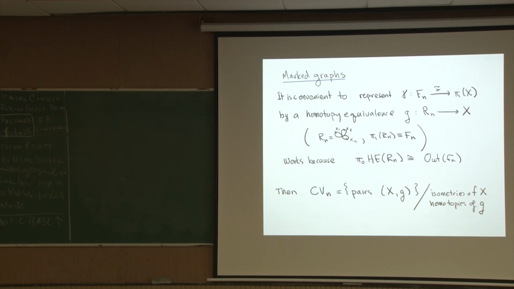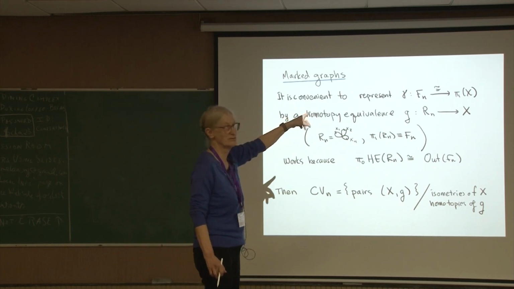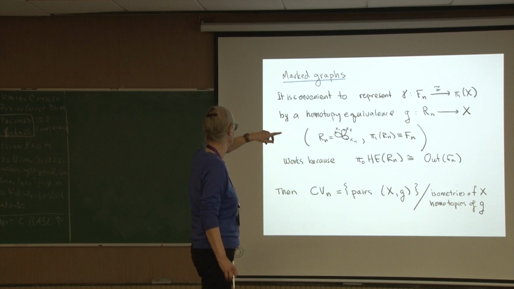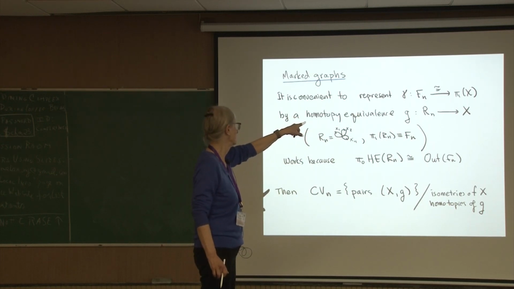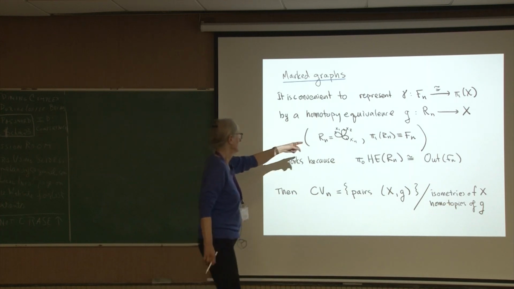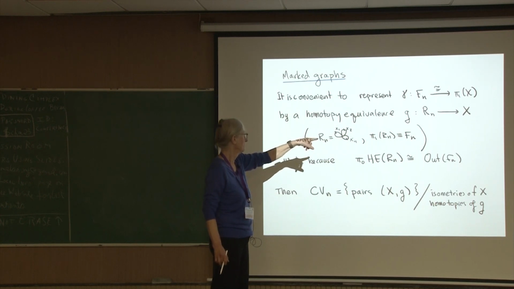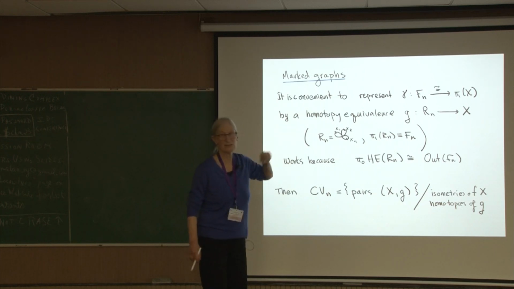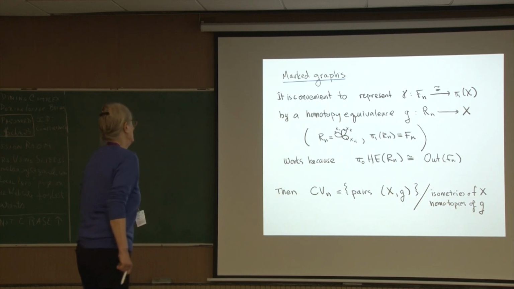You may have seen descriptions of outer space before, where instead of talking about an isomorphism of the free group to the fundamental group of the graph, somebody talked about homotopy equivalences between the rose and the graph. The rose here is just a graph with one vertex and n loops, and I identify the fundamental group of the rose canonically with a free group by orienting the petals and labeling them with the generators of the free group.